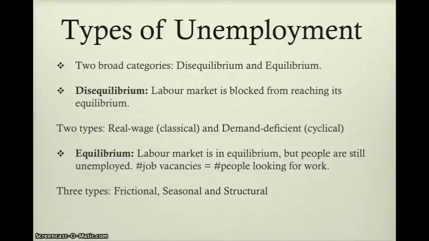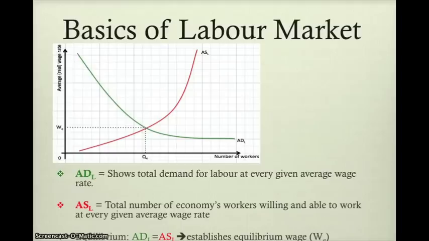Before introducing each type of unemployment, we look at the basic labor market diagram. Here we can see the number of workers is on the x-axis and the average real wage rate is on the y-axis. The wage is settled by the equilibrium between the aggregate supply of labor and the aggregate demand for labor.